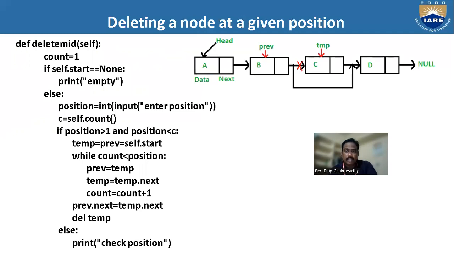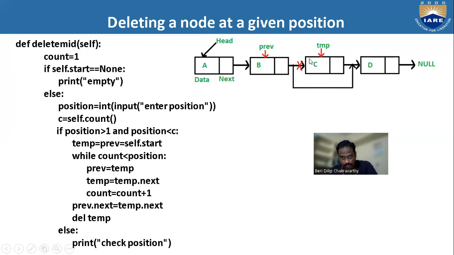Deleting a node at a given position. See, observe here, A, B, C, D is there. I am taking the position which one I have to delete. I am counting and moving to that position. Suppose I am trying to delete the second position, so 0, 1, 2. That means C is the second position.